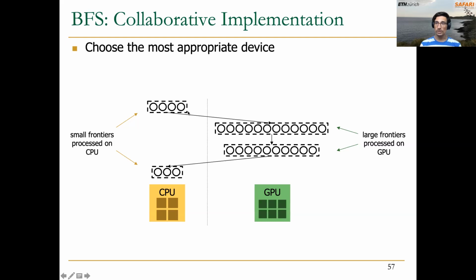At some point, the size of the frontier grows beyond a specific threshold, so we start computing on the GPU side. And then probably at the end of the execution, when the frontiers start shrinking again, we return the control to the CPU and continue computing on the CPU.